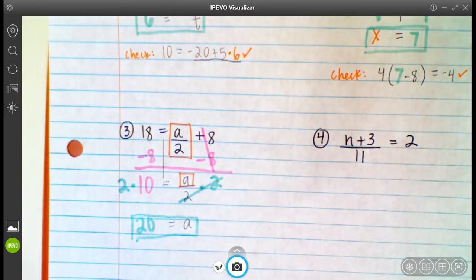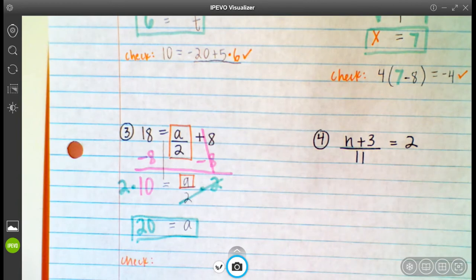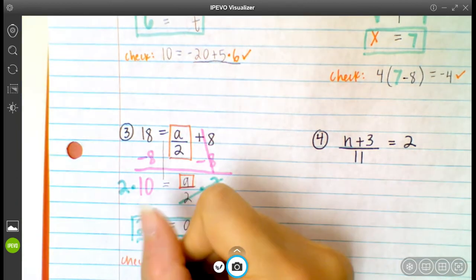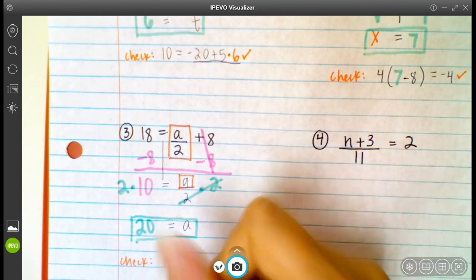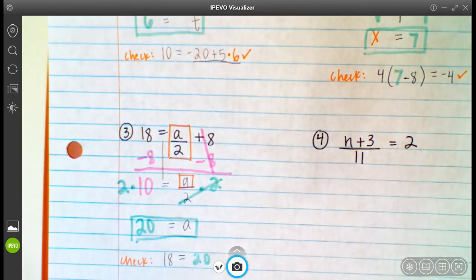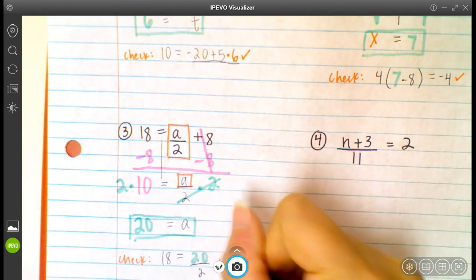And a quick little self-check there is always good to make sure that you're feeling good about your final result. So we've got 18 equals, we found little a to be 20, divided by 2 plus 8.